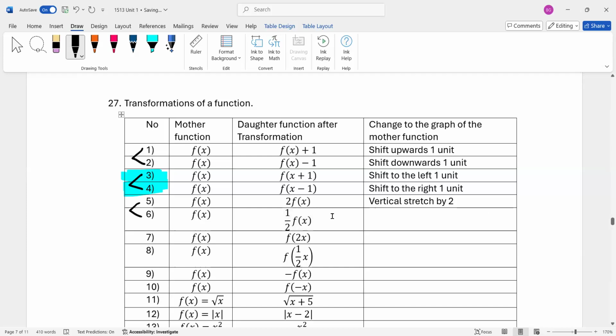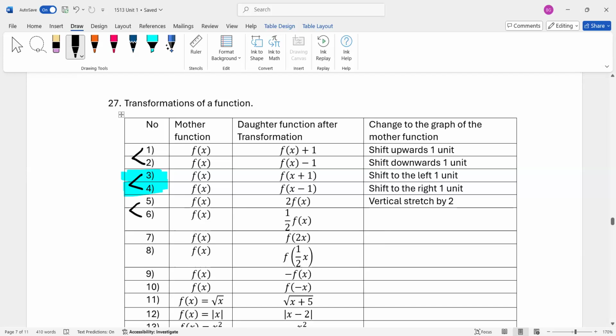Okay, so this should be easy to understand. When you give the same input x, the corresponding output is always doubled. All the y values are doubled. So the graph will be stretched vertically by a factor of 2. For the same input, the output is always twice the original, twice the mother function.